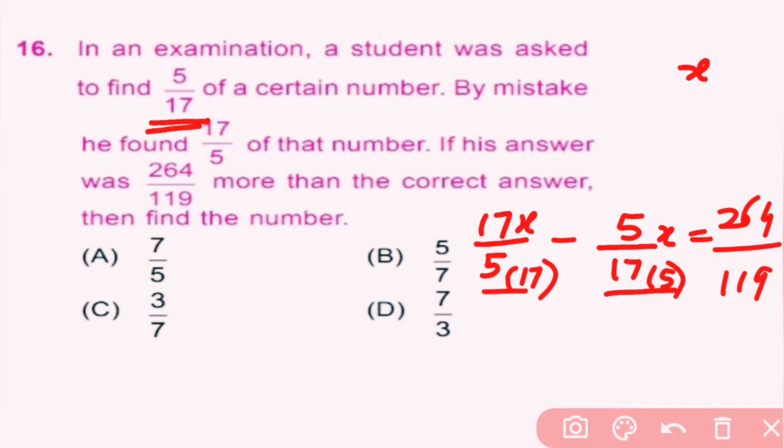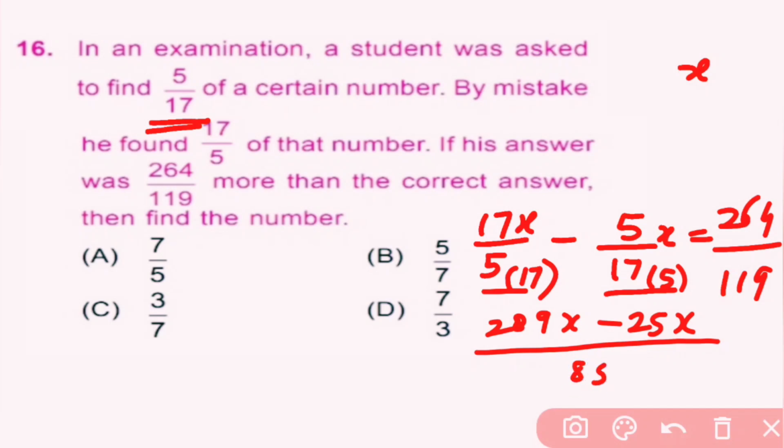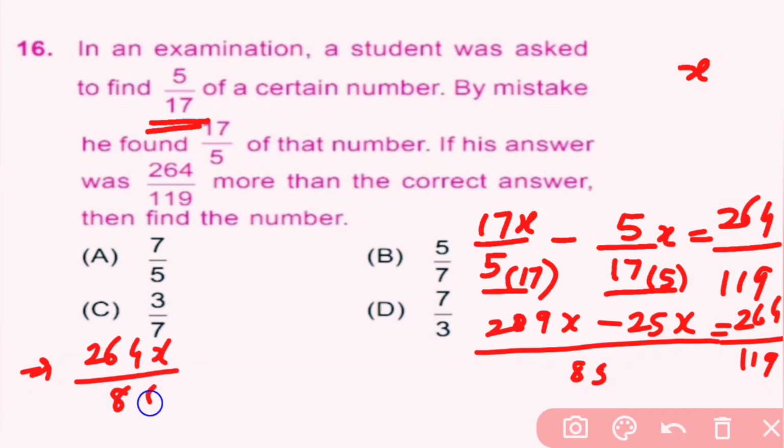So 17x into 17 is 289x minus 5x into 5 is 25x, and 5 into 17 is 85, is equal to 264 by 119. Now 289x minus 25x is 264x by 85, is equal to 264 by 119.